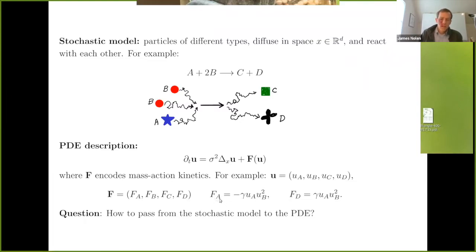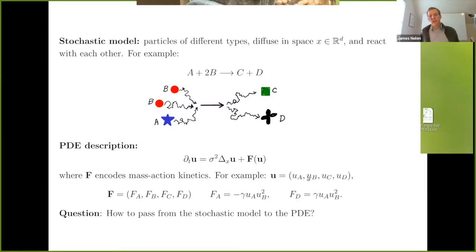For example, the component associated with species A would have a loss term, which is proportional to the concentration of A and then the square of the concentration of B, because two molecules of B are involved in the reaction with A. And there would be a corresponding gain term in the component associated with chemical D, which is produced by this reaction.